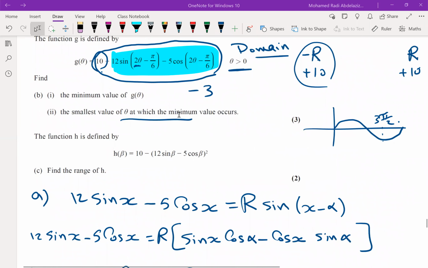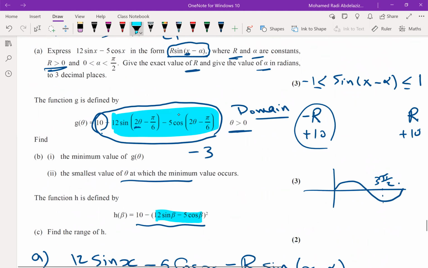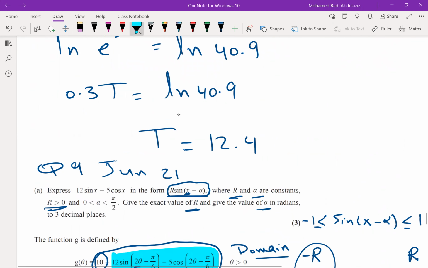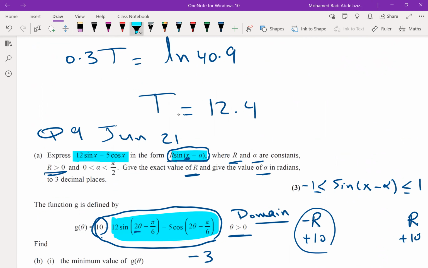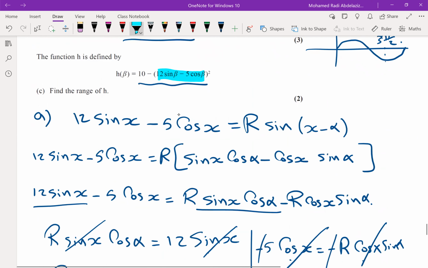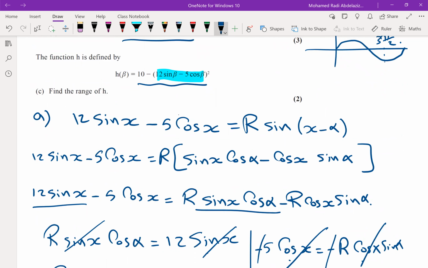Part C, the function h is defined by h of theta is equal to 10 minus, same, by looking at this part, the same expression, which we already wrote in this form. Again, back to the range.